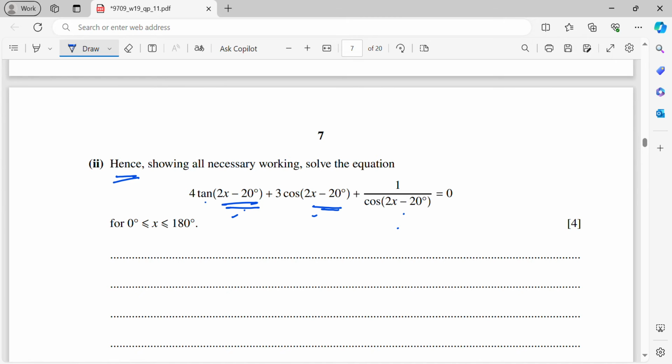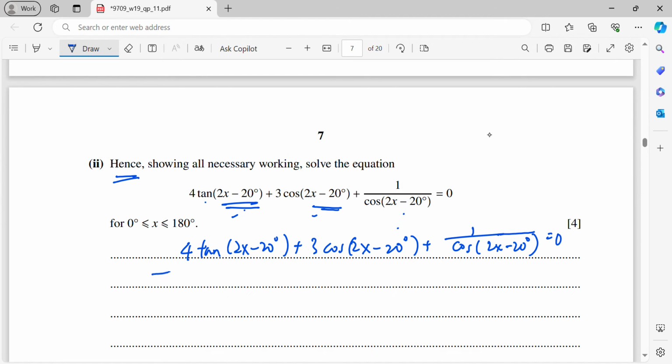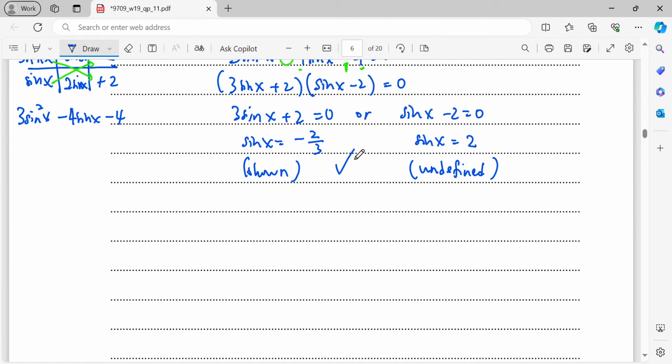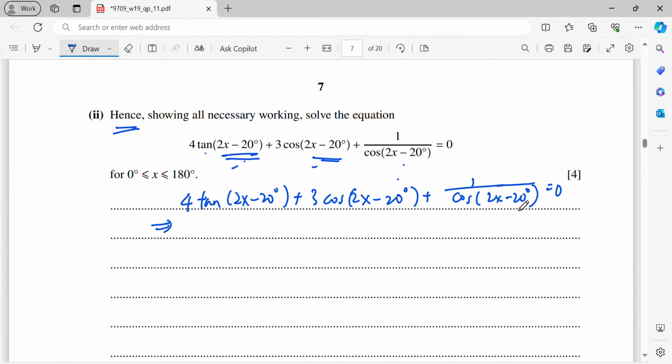So I will say that this is basically the answer from the previous part, but I replace the x by 2x minus 20. That means I will get this result. Sine of the new x is negative 2 over 3.